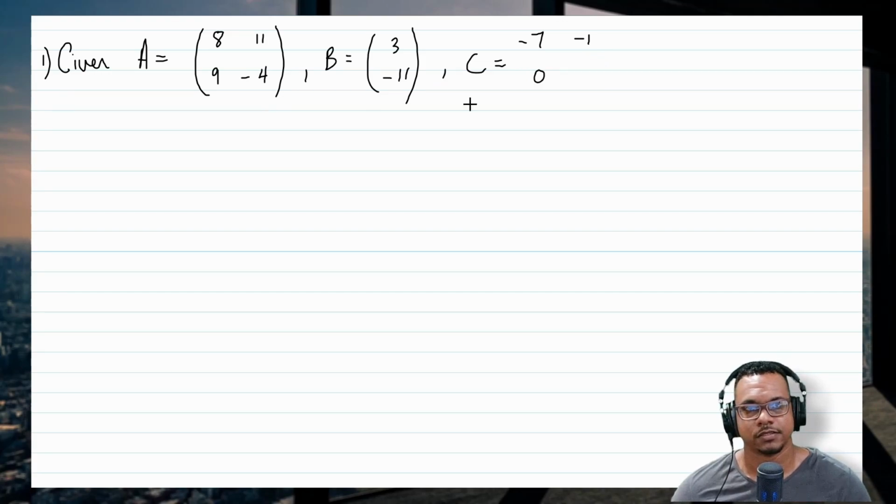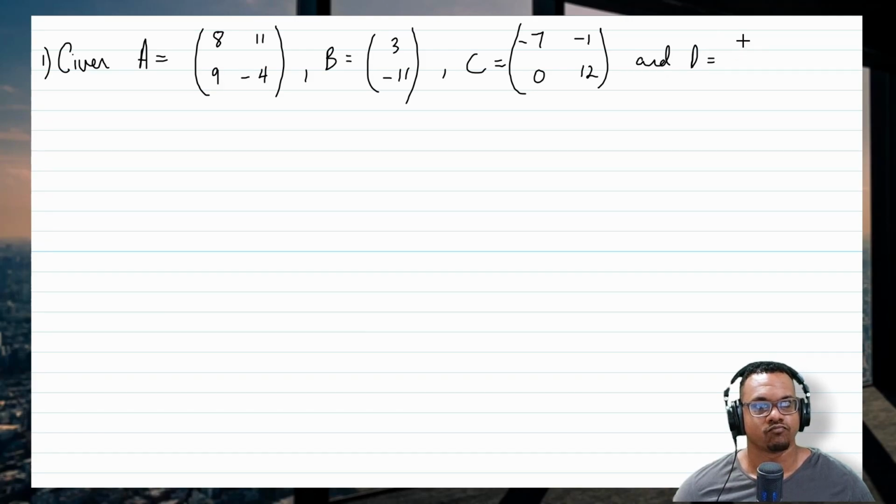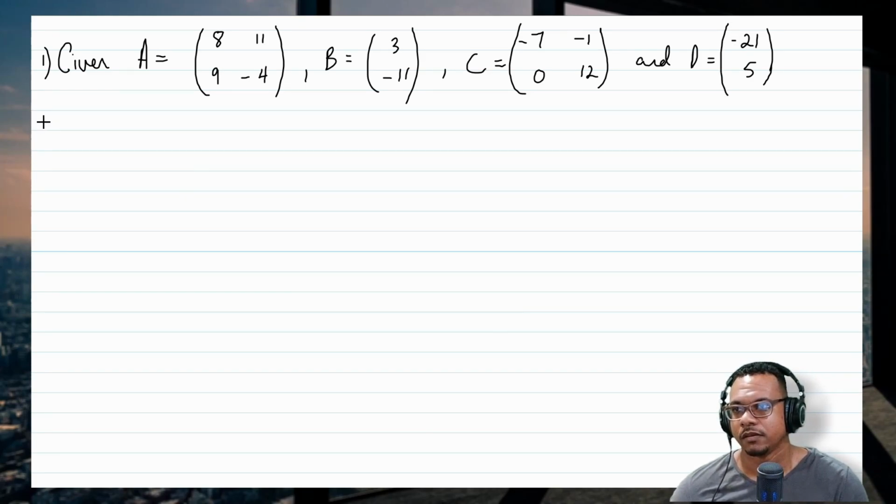Change that to 12. All right, C and D. D: negative 21, negative, and positive 3. Use 3, 5. Okay. Calculate.